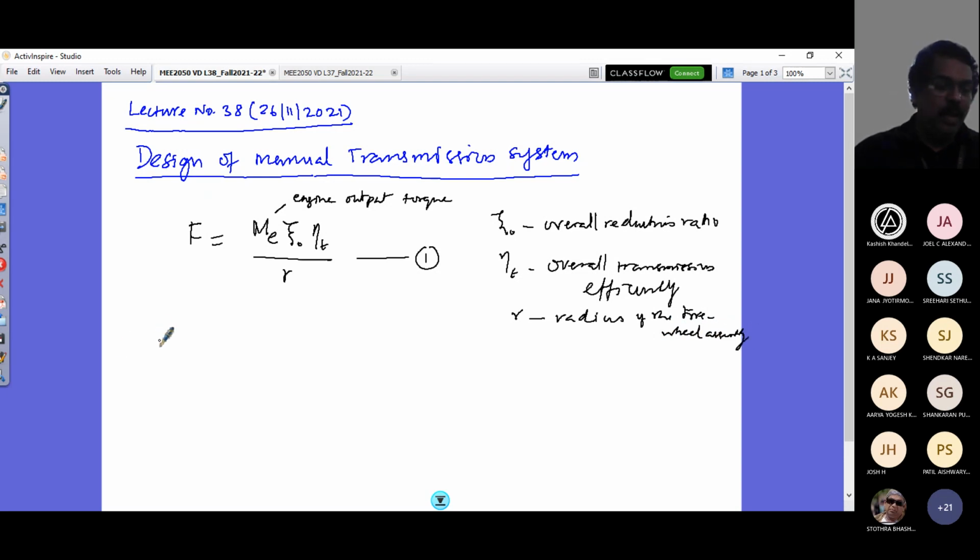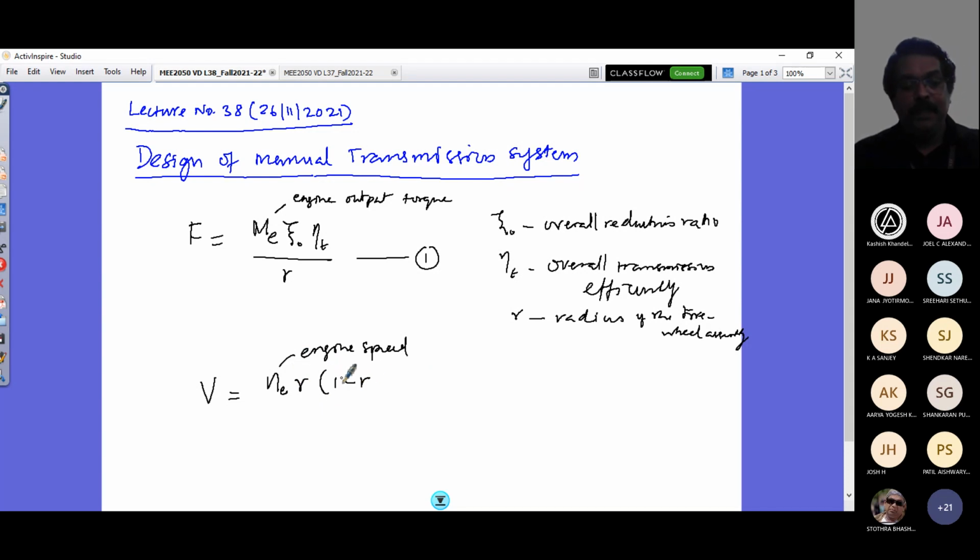And the second important formula is my vehicle speed. How do I get my vehicle speed? The vehicle speed is obtained from the engine speed, small n subscript E refers to engine speed, multiplied by the radius of my tire wheel assembly, multiplied by 1 minus slip, the longitudinal slip ratio.